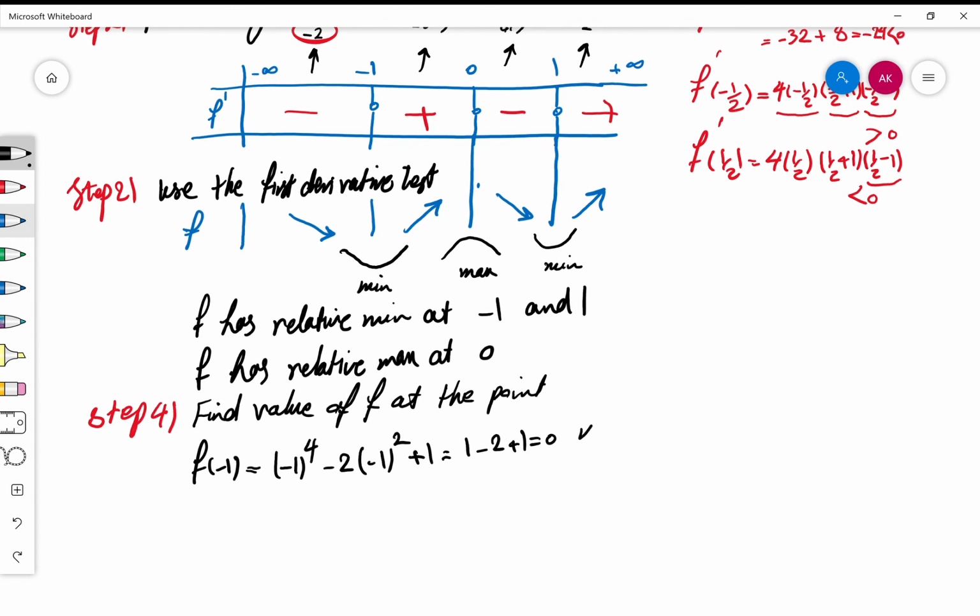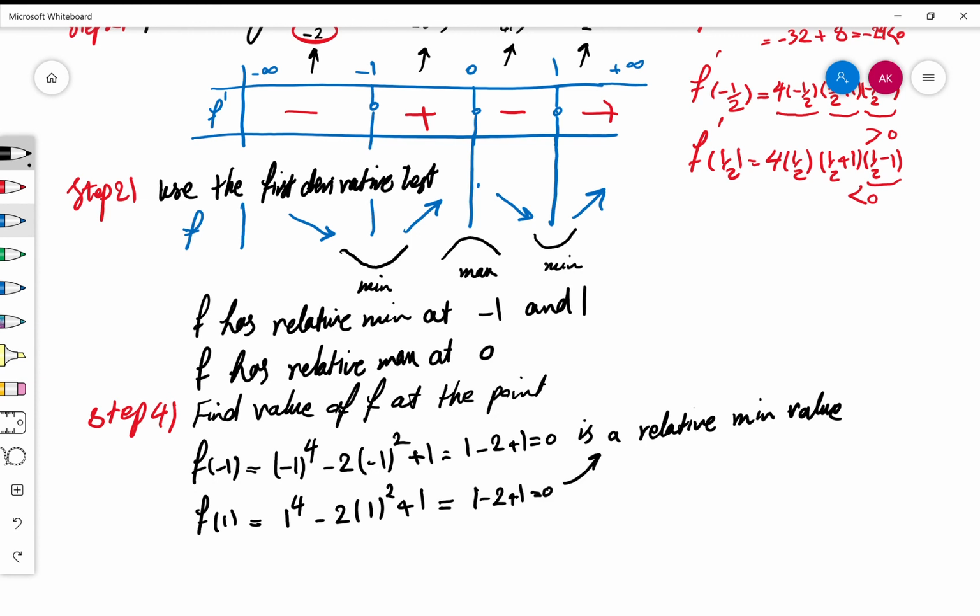0 is a relative min value. Sometimes we don't put that value. F of 1 is 1 to the power 4 minus 2 times 1 to the power 2 plus 1, again 1 minus 2 plus 1 is 0.